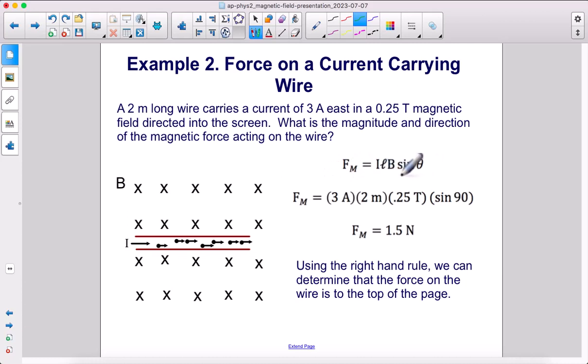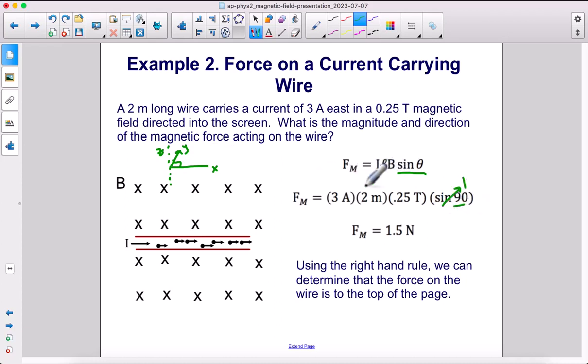So ILB, and yes, there is a sine theta here. A lot of the times, though, theta is just going to be 90 degrees because they're perpendicular, right? Current is going to the right, whereas the field's going into the page. So this is like a 3D picture here, where this is like the z-axis, the y, and the x. They're perpendicular, so therefore sine 90 is just 1.